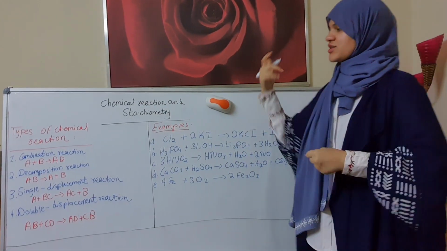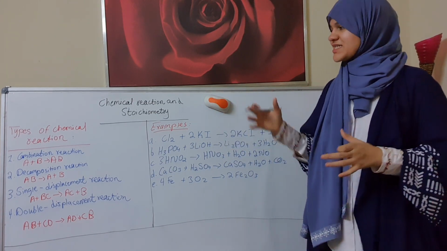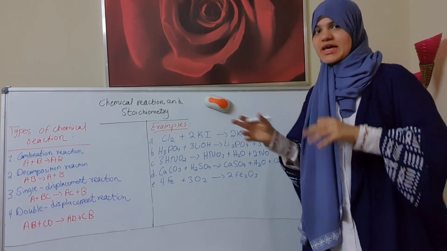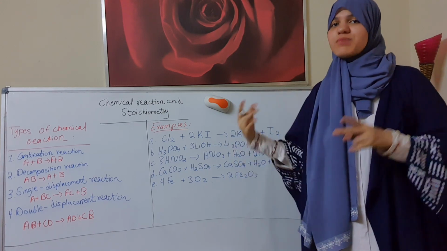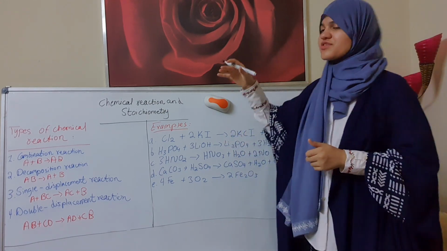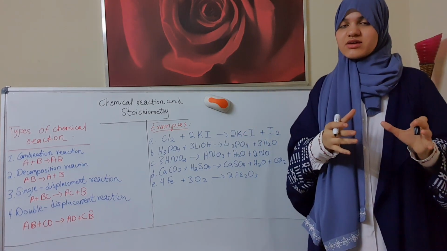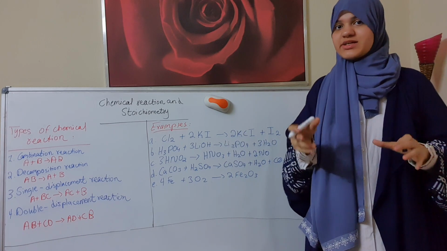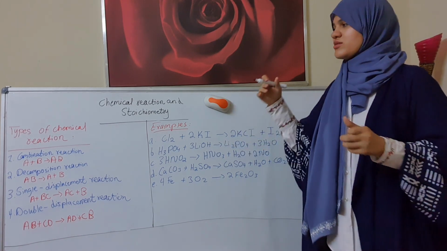First of all, the first reaction is the combination reaction, which is A plus B will give us AB. That means one element plus another element will give us a compound. The decomposition reaction, in which the reactant will give us 2 products or more.